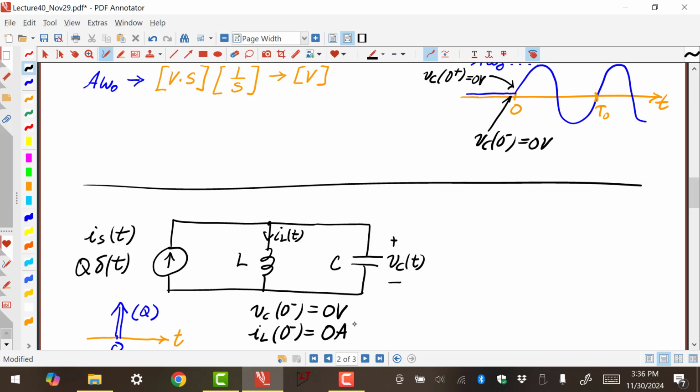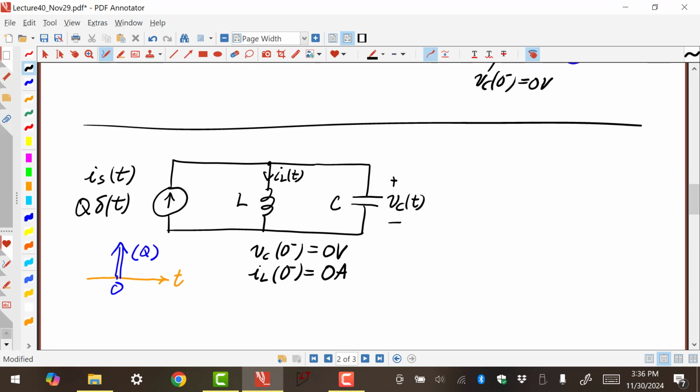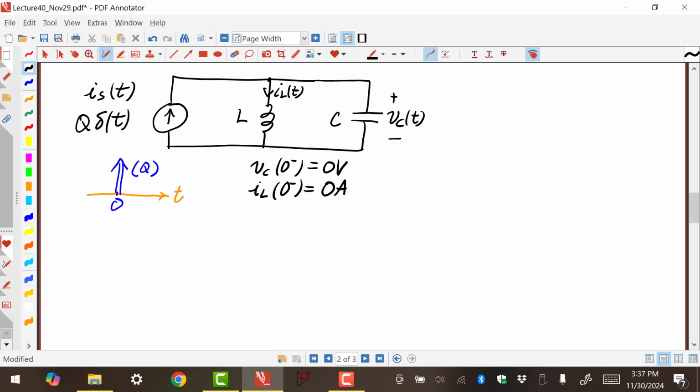So they're both starting from 0 initial conditions. What would you do here? Well, let me just start it off. What you would do is you would go to the equivalent circuit, the impedance circuit.